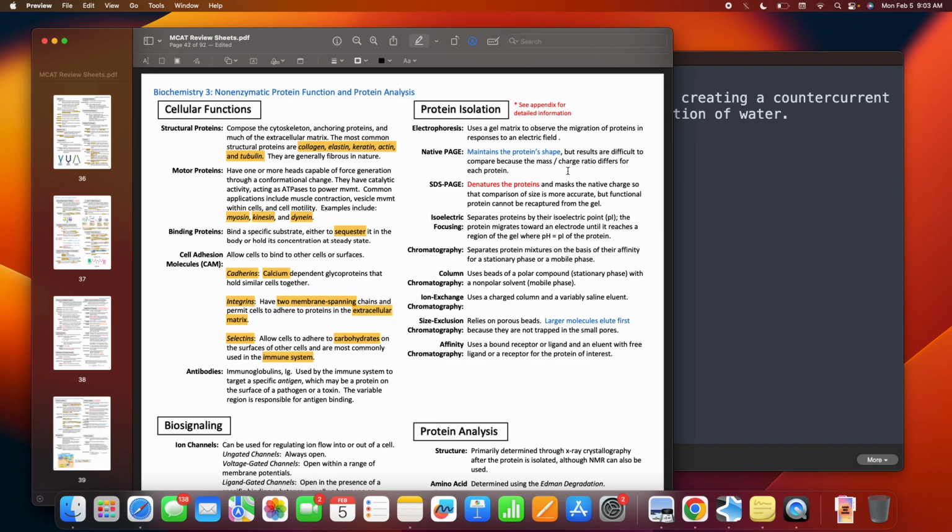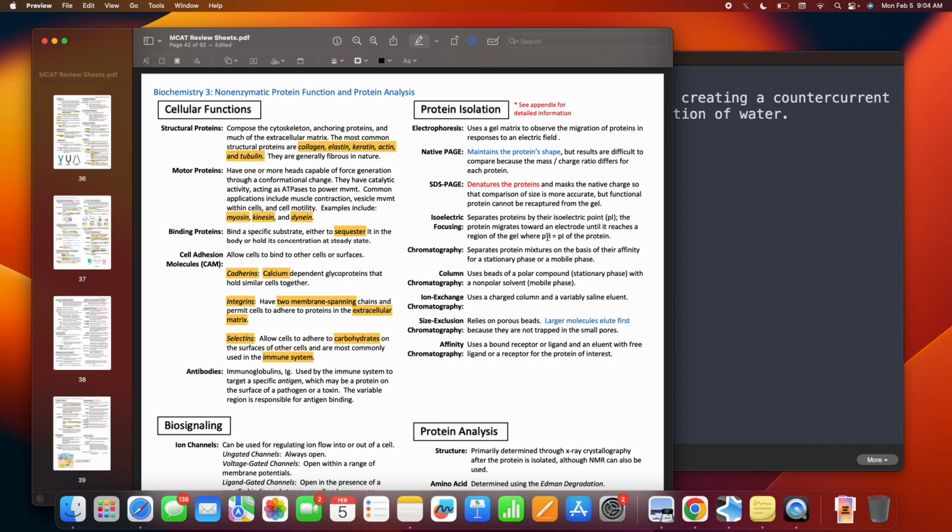Then SDS PAGE denatures the proteins and masks the native charge so that comparison of size is more accurate, but functional protein cannot be recaptured from the gel. Then we have isoelectric point focusing, where you separate proteins by their isoelectric point. The protein migrates toward an electrode until it reaches a region of the gel where pH equals pI of the protein.